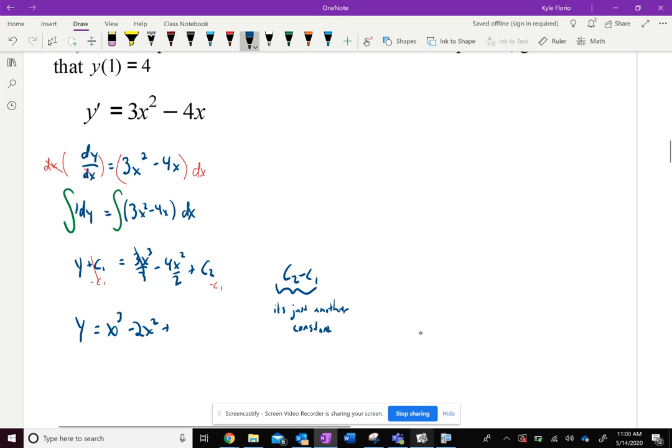So I'm just going to call this third constant c. You can call it c3, call it whatever you want. In fact, if you just call everything c, it doesn't matter. We just have a constant at the end. Whether you get the constant by subtracting two constants, it's still some constant.